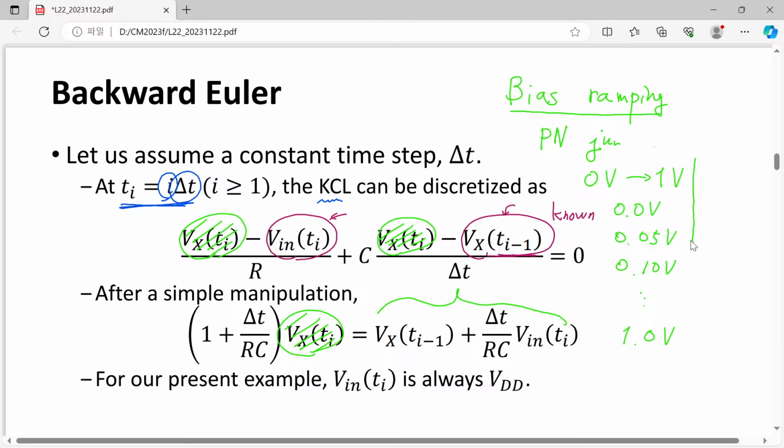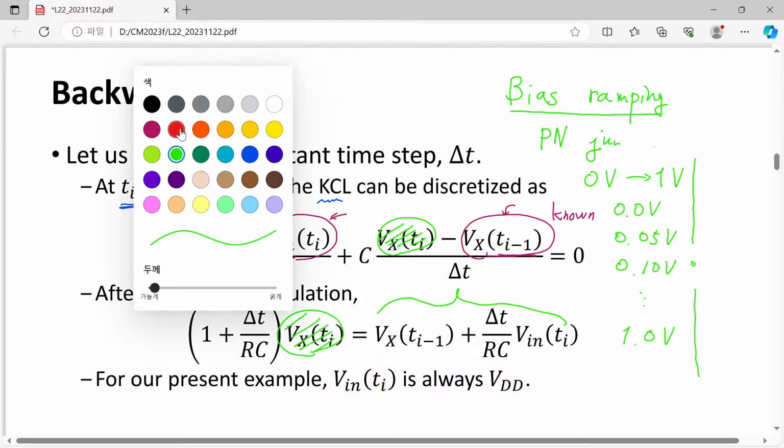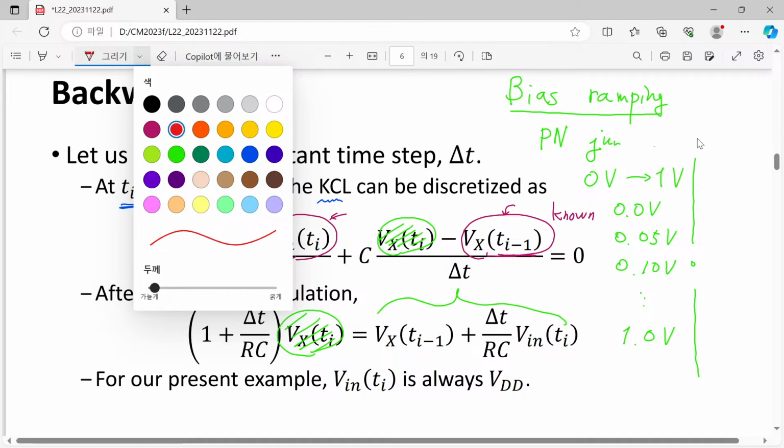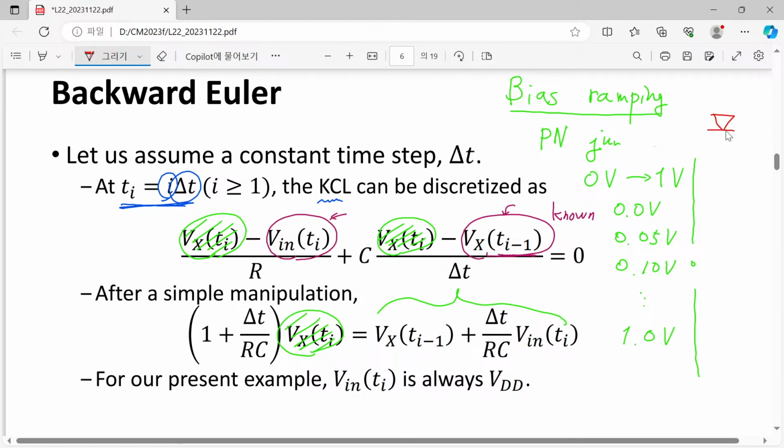However, I wanted to stress that the difference between today's transient simulation and previous bias ramping is really significant. For example, let's assume that once again we wanted to increase our anode voltage from 0 to 1 volt. Then we can start from 0.0 volt and increase it to 0.5 volt, and eventually we will end at 1.0 volt, seemingly quite similar. However, what is the difference?